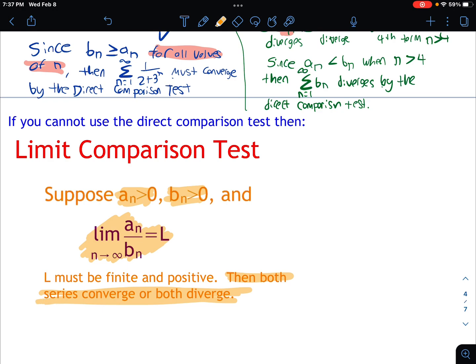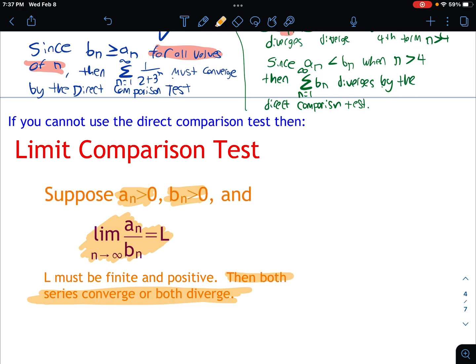So if you get a positive finite number when you do this, then it shows that both of them must converge or diverge. What you're going to do in this one is compare it to a series that you know will converge or will diverge.